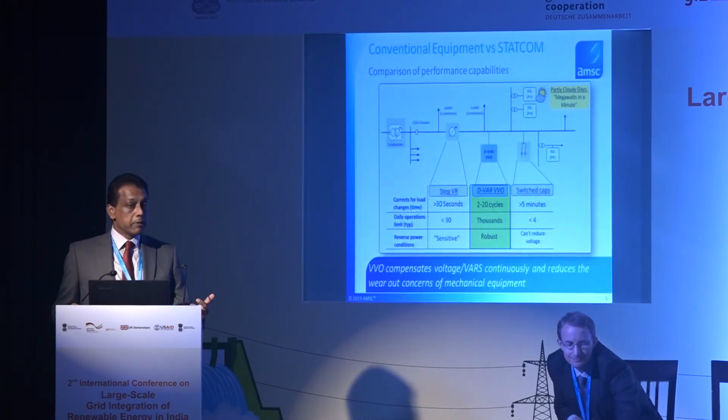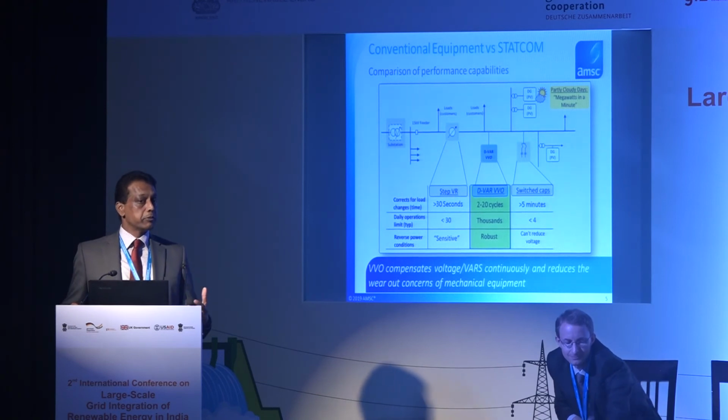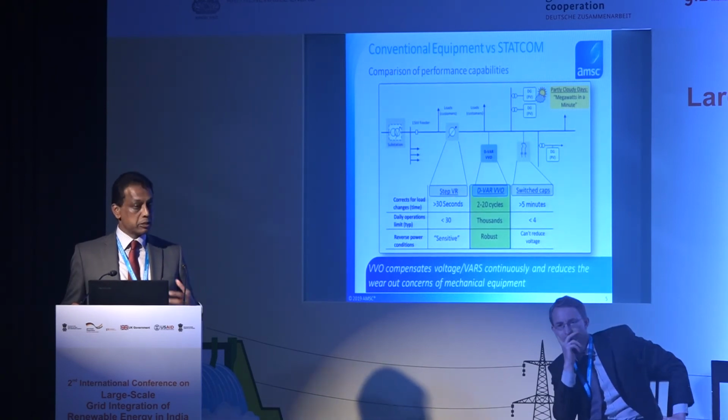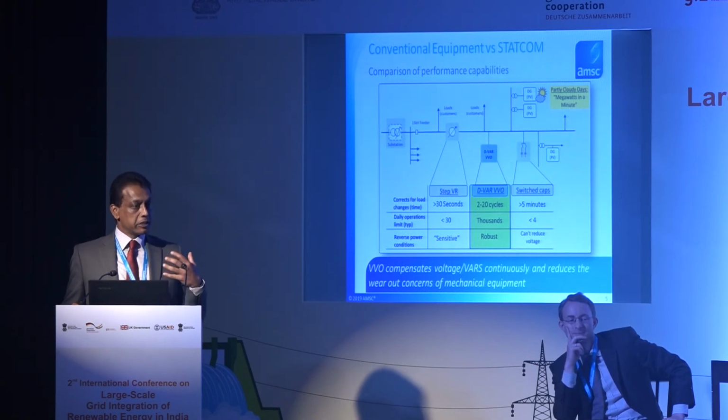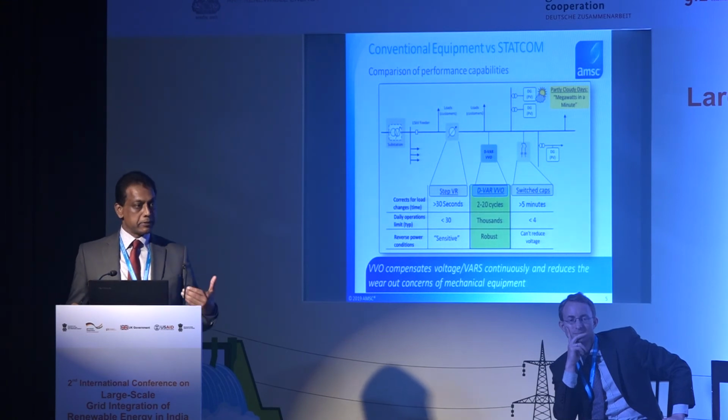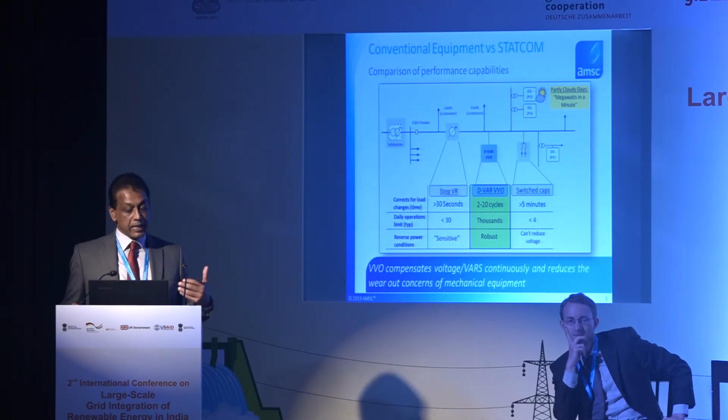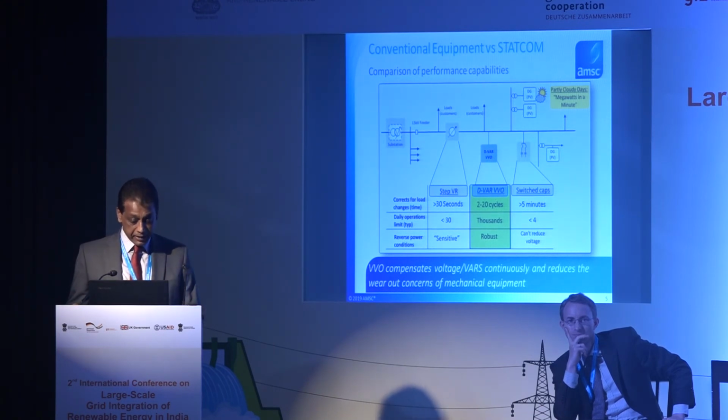Of course, the value of this STATCOM is the speed of response. It can monitor and autonomously change its output between its capacitive and inductive capability, and do it in cycles rather than in minutes or seconds.